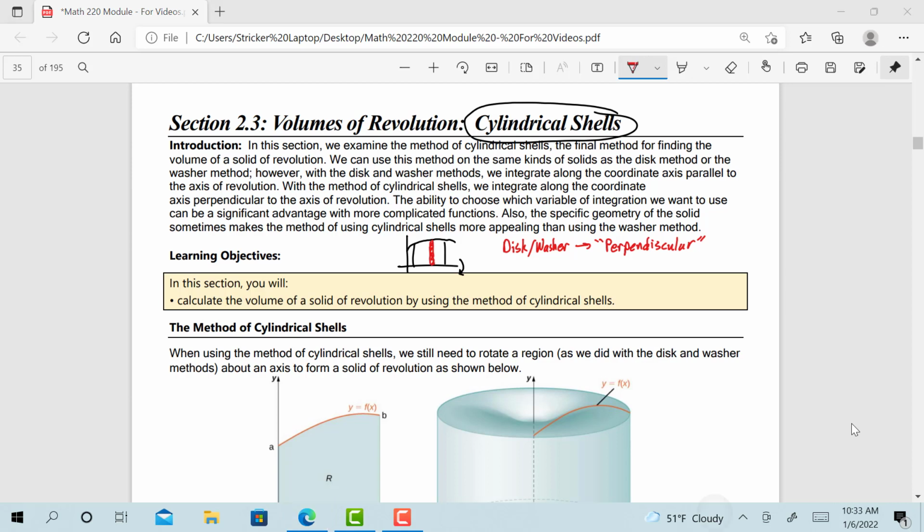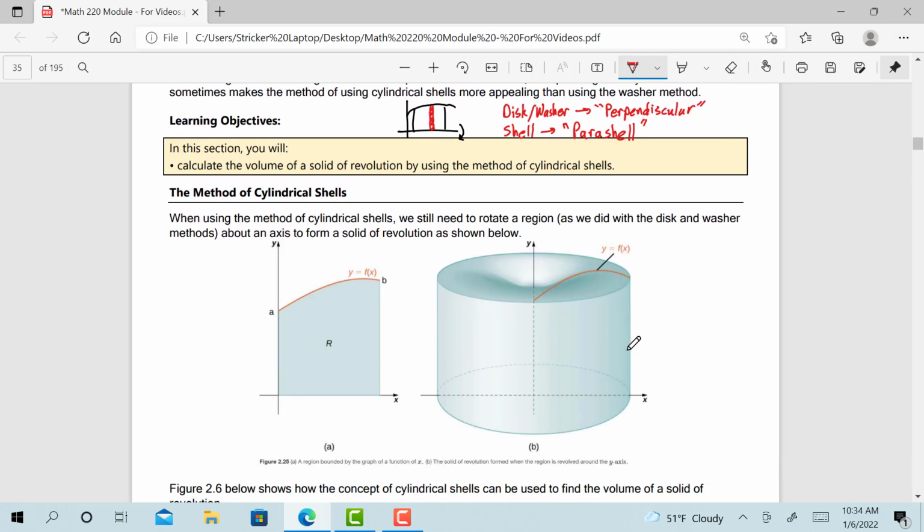And then for this new method, the shell method, or cylindrical shell method, we can remember, again, it's not a real word, but remember parashell. So we have a parallel representative rectangle.